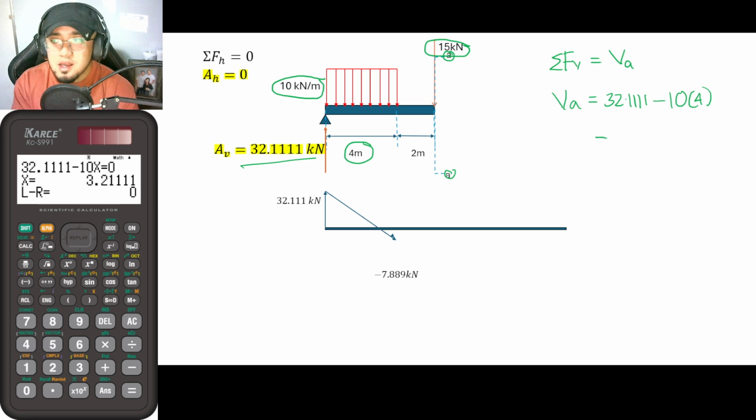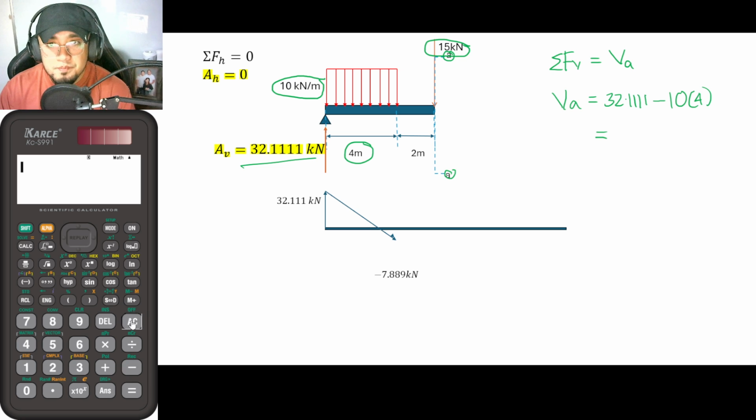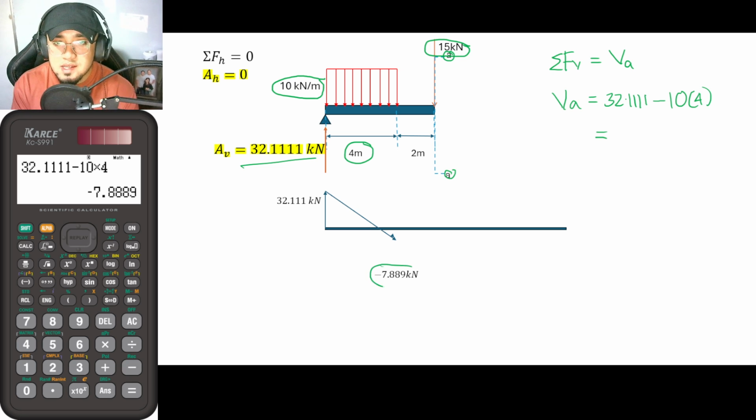So our answer here is, looking at the calculator once again, 32.1111 minus 10 times 4, it is still 7.8889, which is still this answer. So what would just happen is that you would still be plotting the same value. It just moved horizontally.